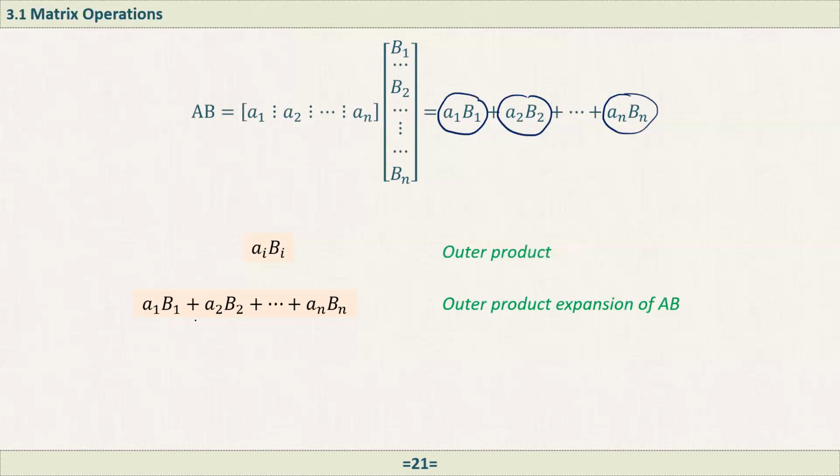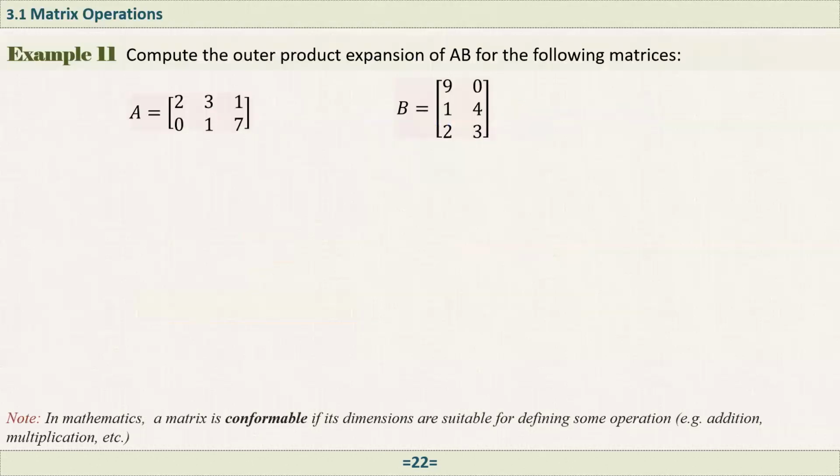And this A1 B1 plus A2 B2 all together gives us the product of these two matrices. That is called the outer product expansion of AB. We will use these terms in the future, maybe in chapter 6 or 7, later. But now I'm just showing this to give you some idea about how in different ways we can multiply two matrices.